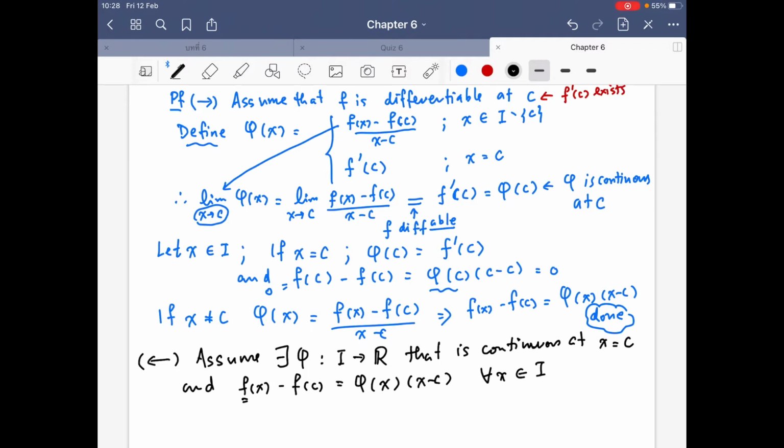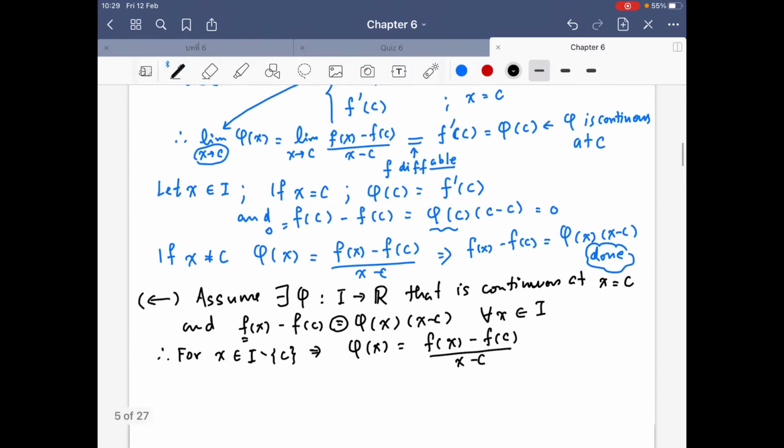As I told you, this equation looks like the quotient that determines f prime, however you need to take away the c.